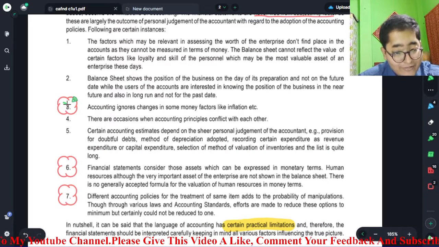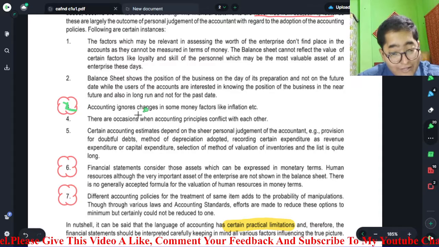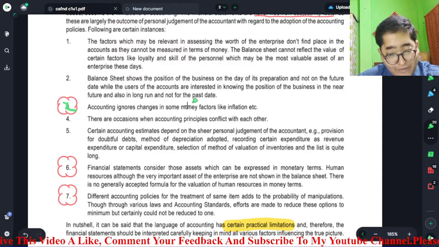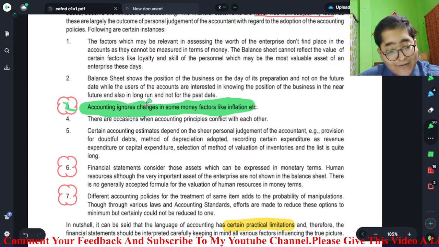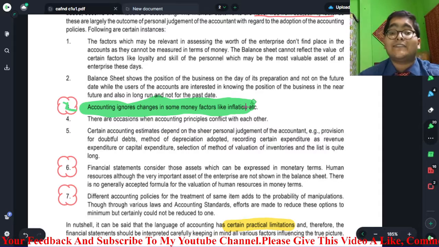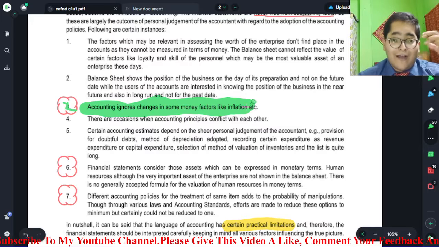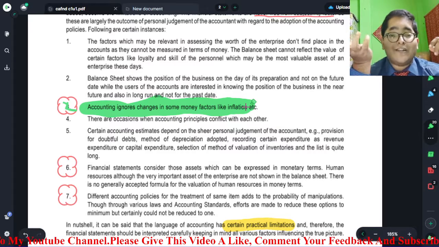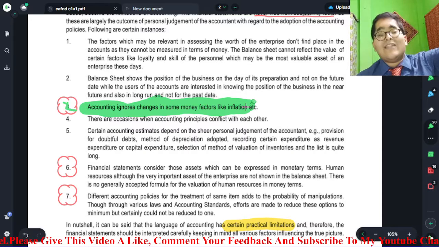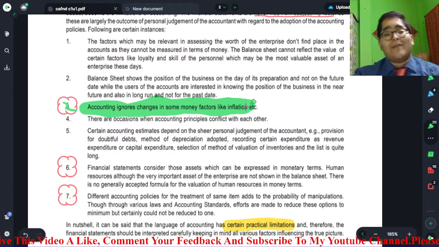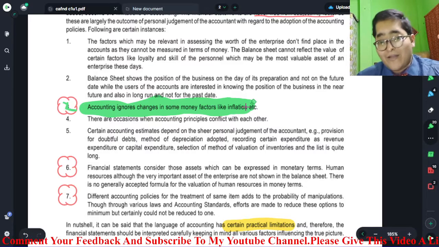I've marked these 3 points. These 3 points are the most important. Accounting ignores changes in some money factors like inflation. We all know accounting is related to historic costs, right? So inflation is ignored. If I buy machinery for rupees 5 lakh in 2015, that 5 lakh rupees in 2020 would have become rupees 7 lakh 50,000, for example, taking an arbitrary amount.